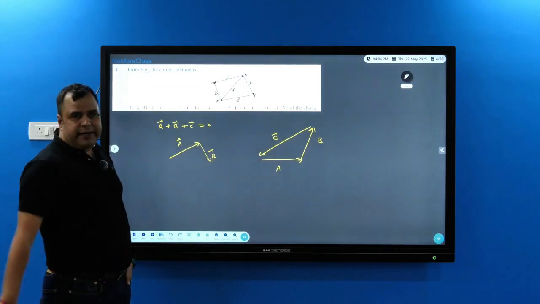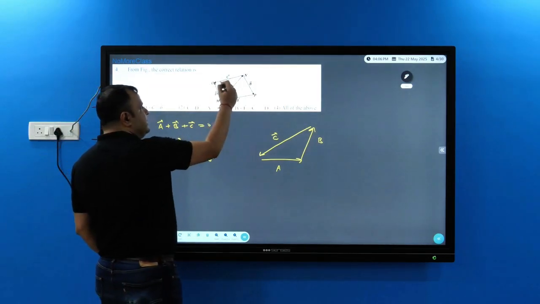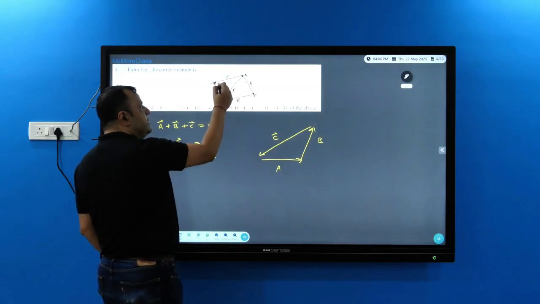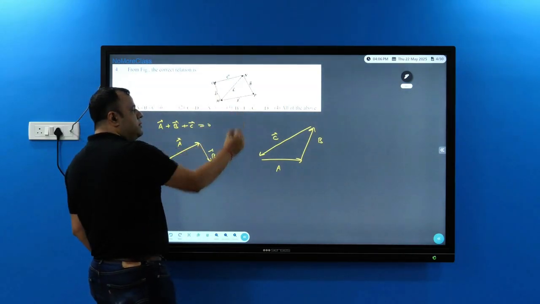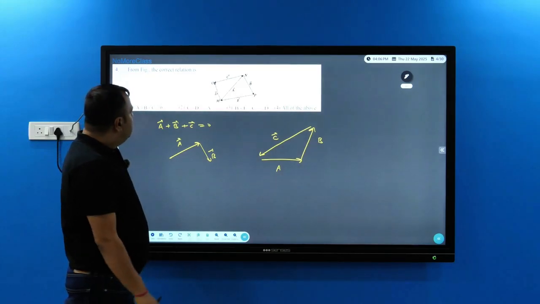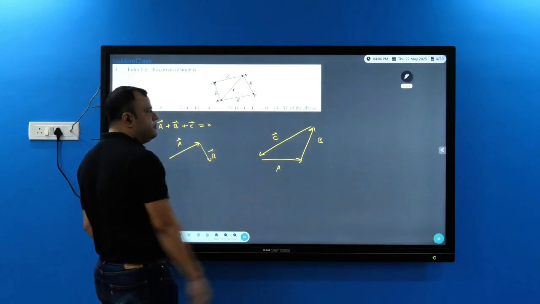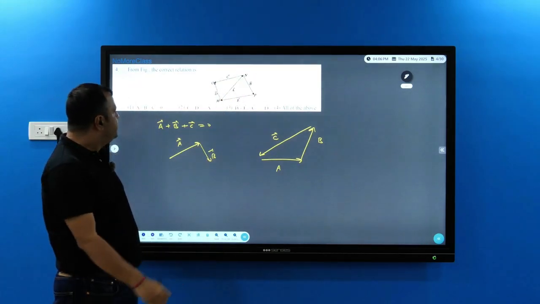Now as you can see from the diagram, the C vector and the E vector both are in the same direction. The arrow is in the same direction and both are parallel. At the same time, the length is also the same.